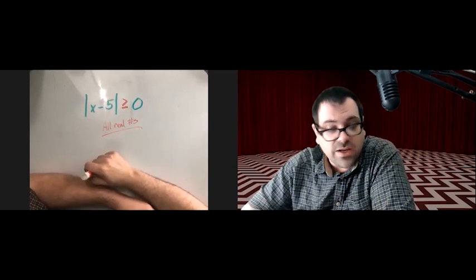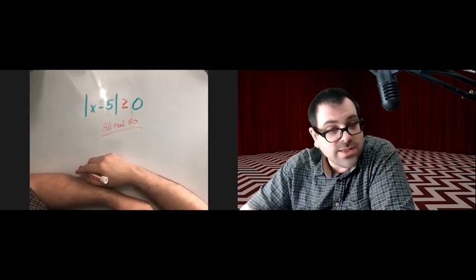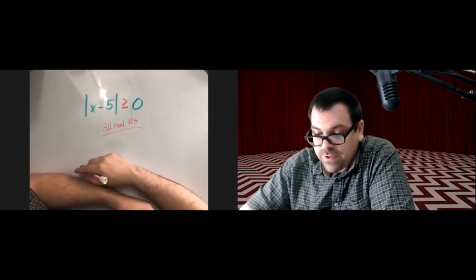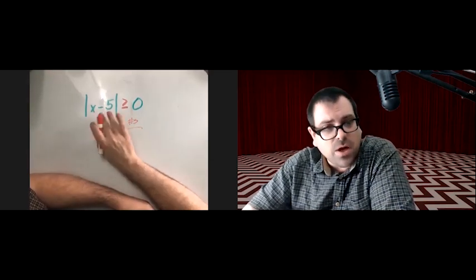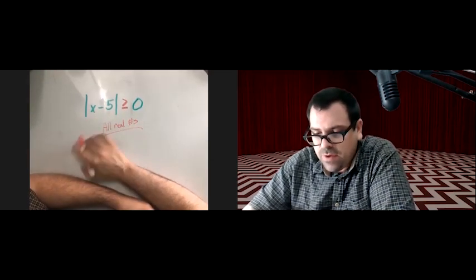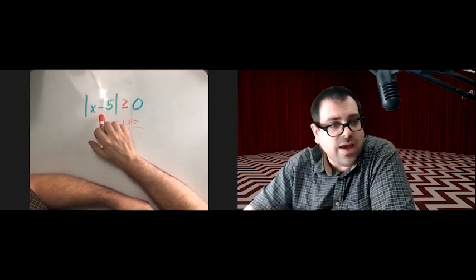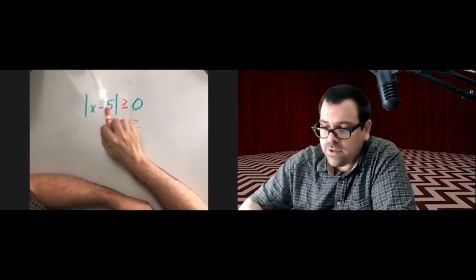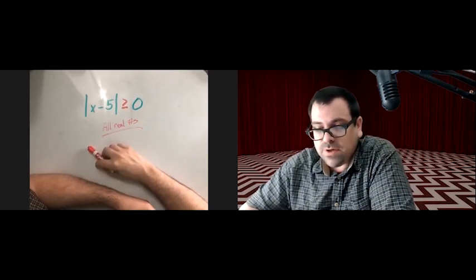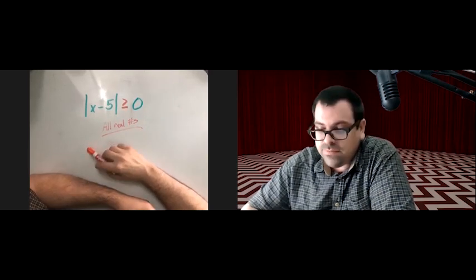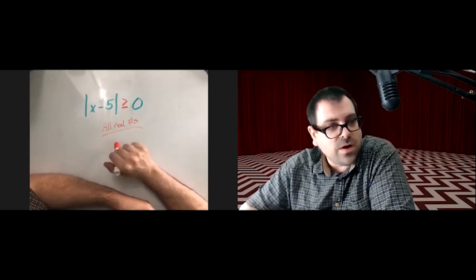Absolute value becomes positive, greater than or equal to 0. So I did the negatives. I split the positives around 5. What about 5 itself? 5 minus 5 is 0. The absolute value of 0 is 0. 0 is greater than or equal to 0 because of the or equal to. So all real numbers.